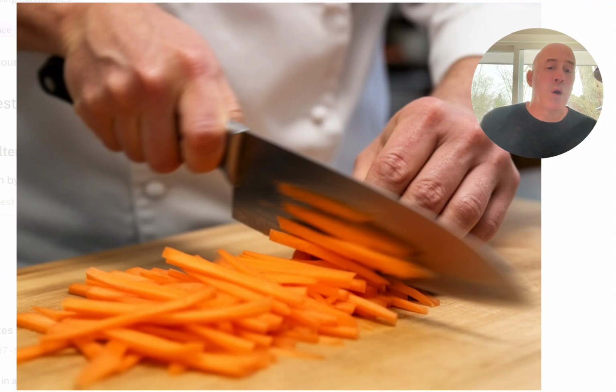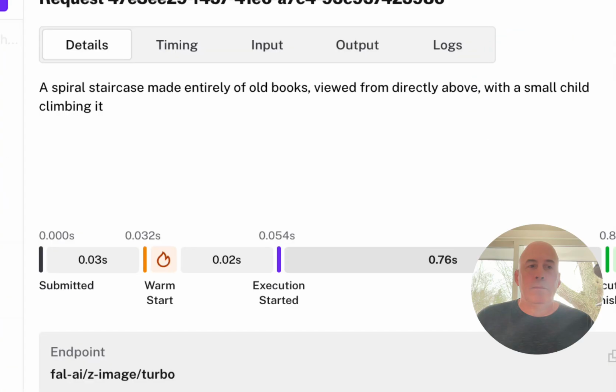Yes, and this is what we asked for. This is julienning carrots and the movement of the knife, close-up of chef hands. So as we can see, it's 1 for 1. Each one did a little bit better. The first one, both of them missed part of the prompt, but this one seems to be right on for Flux.2.